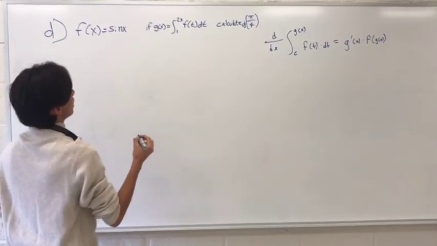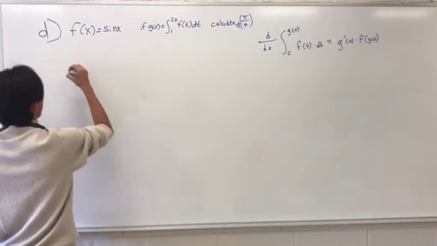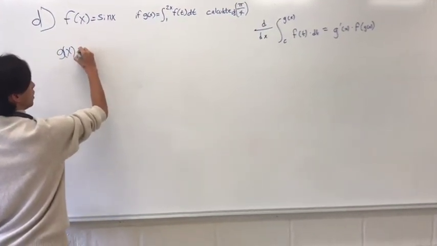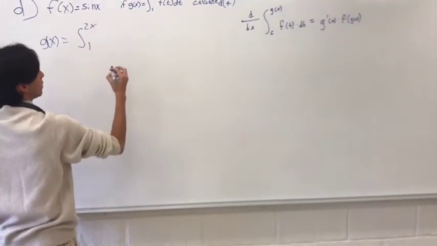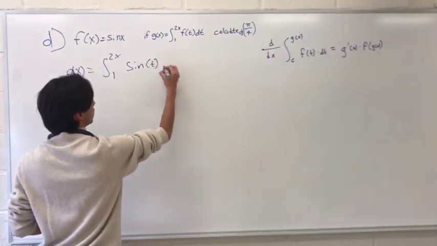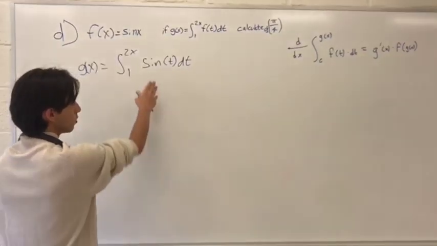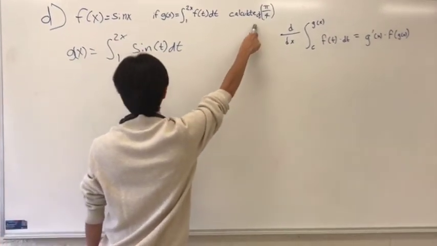So what you do first is you replace f inside of here, so you get g of x is equal to the integral of 2x, sine of t dt. Okay, now that we have our formula, the next step would be to take the derivative.